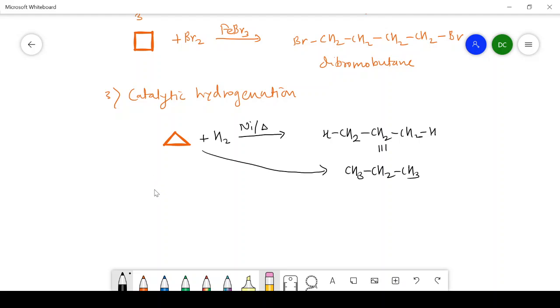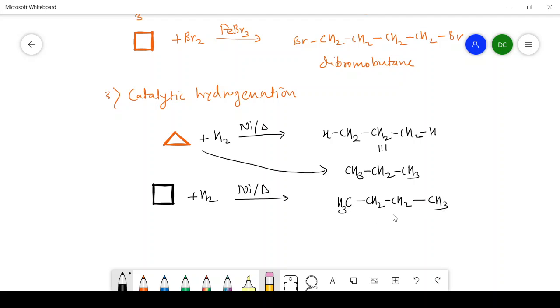Then next example, cyclobutane plus H2, the reaction condition is the same, and as per our strategy I have to write the number of carbons present. I will write here the terminal carbon as a C, and to this carbon there are three hydrogens.